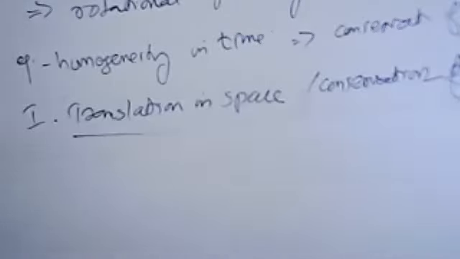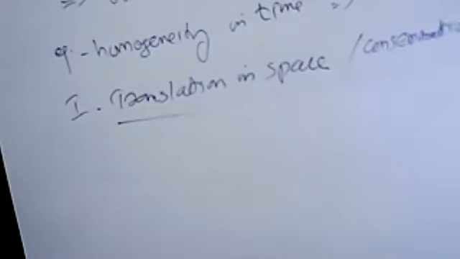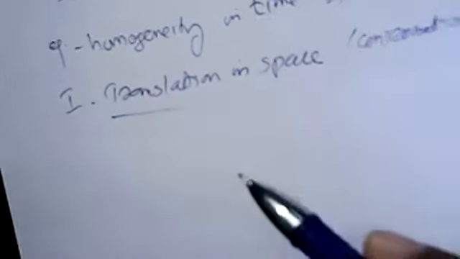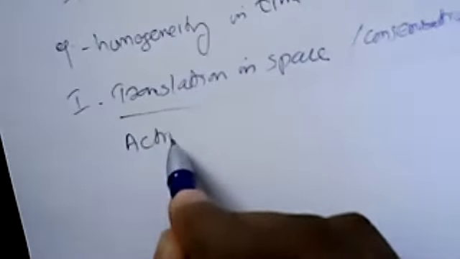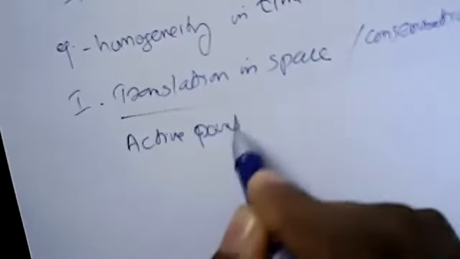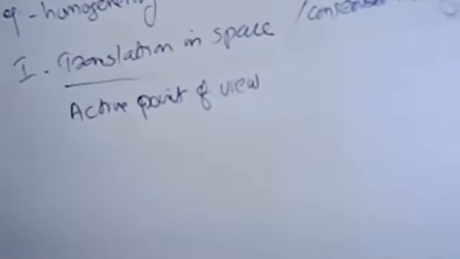Just the reverse is the active point of view, which we normally use: coordinate is fixed and system is moving. Either way you can consider, the result is the same. According to your convenience and experience, you can use any point of view. We are considering the active point of view, because we are more familiar with it.